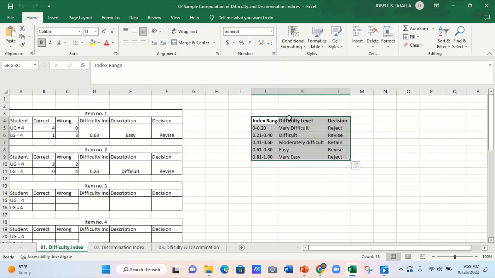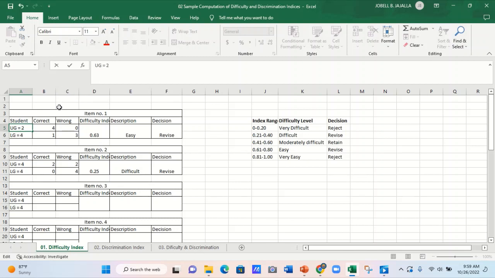Ato siyang gibutang as reference pag mag-describe na and decide whether to revise or reject the item solely based on the difficulty index. Now, based sa data na nakita, there are 2 upper group and lower group members. So i-usab na ni siya into 2 kabuok.